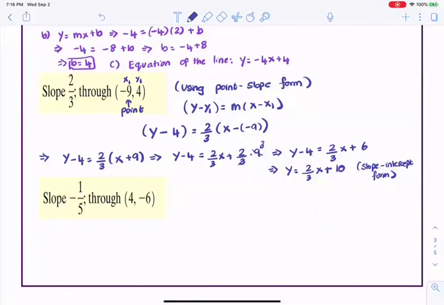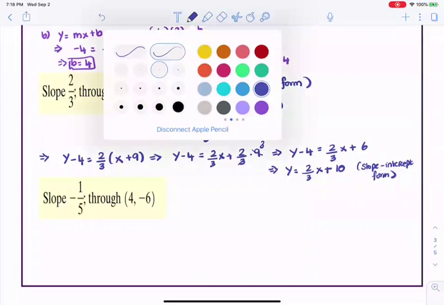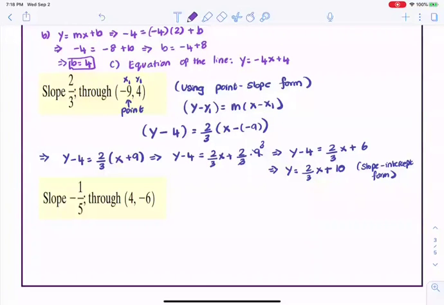The slope is -1/5. We know y is equal to mx plus b. When x is 4, y is -6.